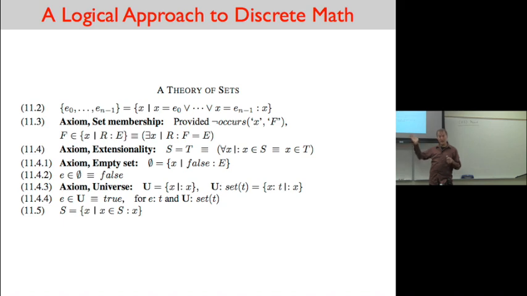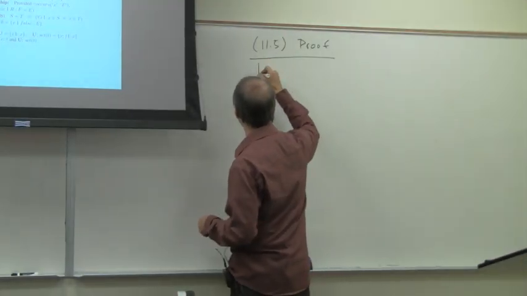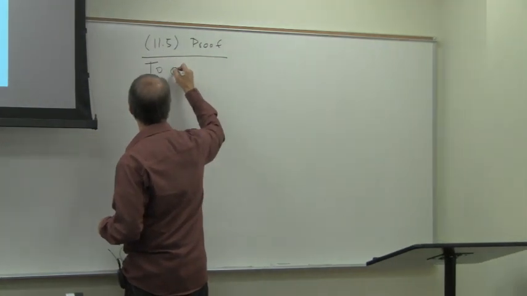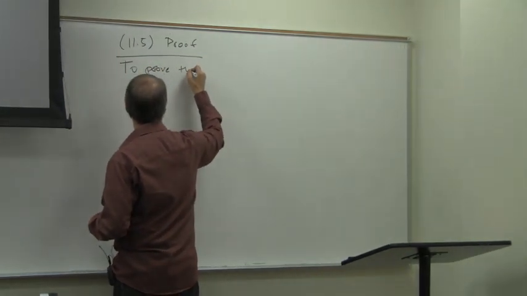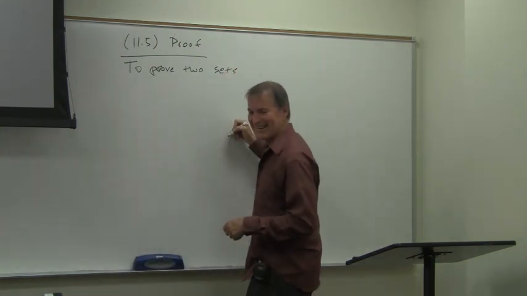So how do we prove that two sets are equal? Yes, extensionality, 11.4. That's the thing that we go back to in order to prove that two sets are equal, right? Are you with me? How is this rocket science? It's all very common sense.